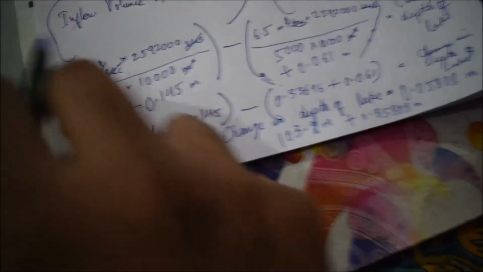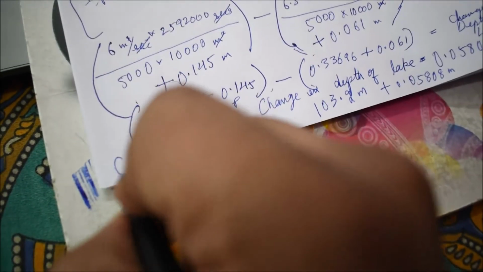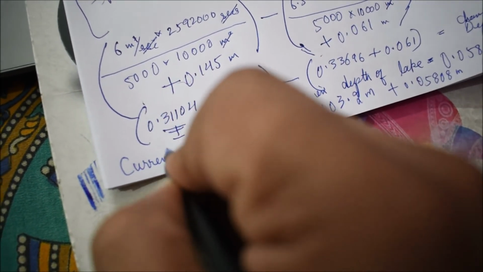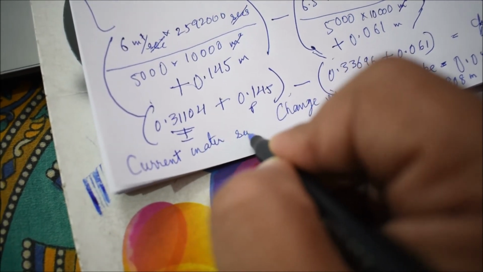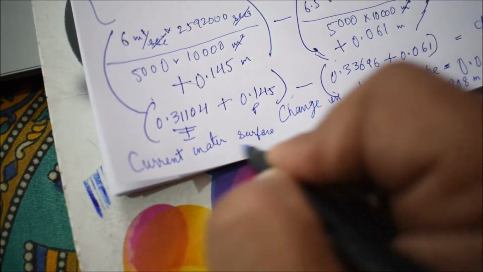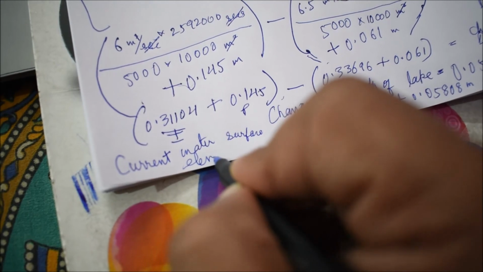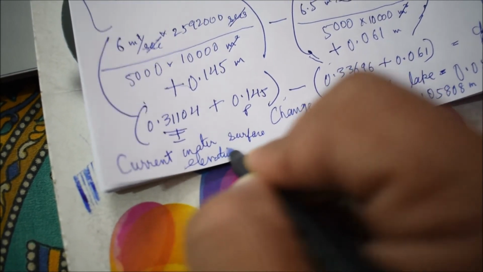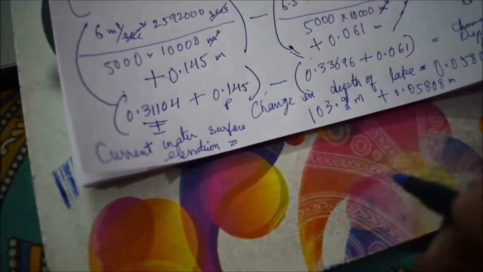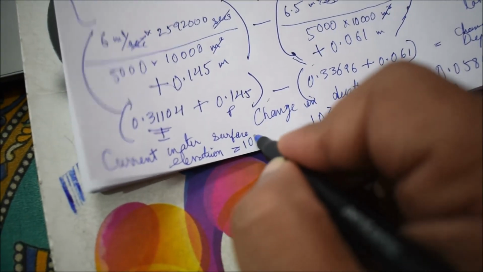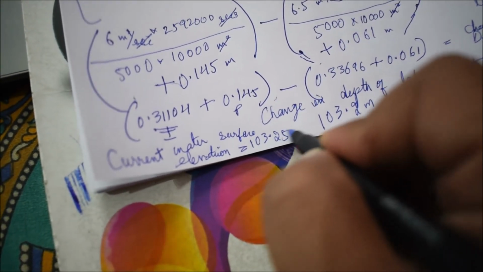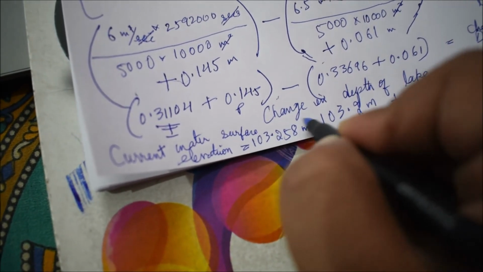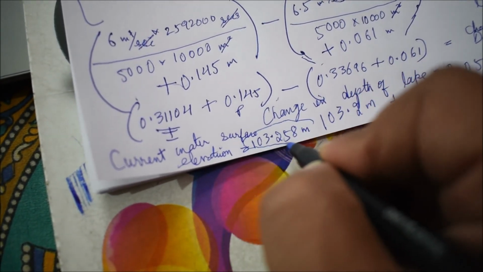So the current water surface elevation is equal to 103.258 meters. So this is the final answer.